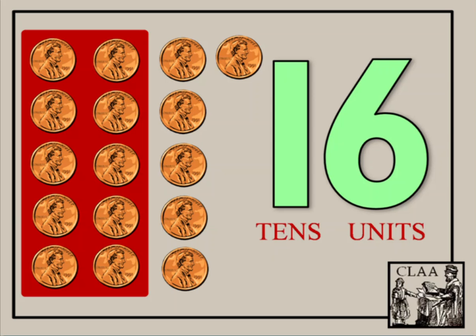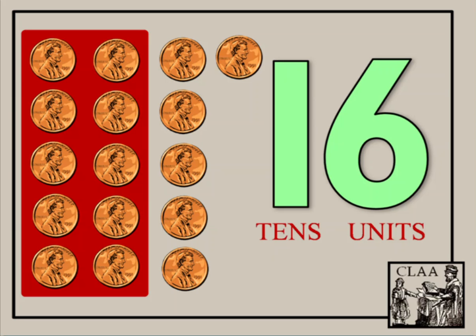You can see on this screen that there is one set of 10 pennies. How many units are left over? 1, 2, 3, 4, 5, 6.